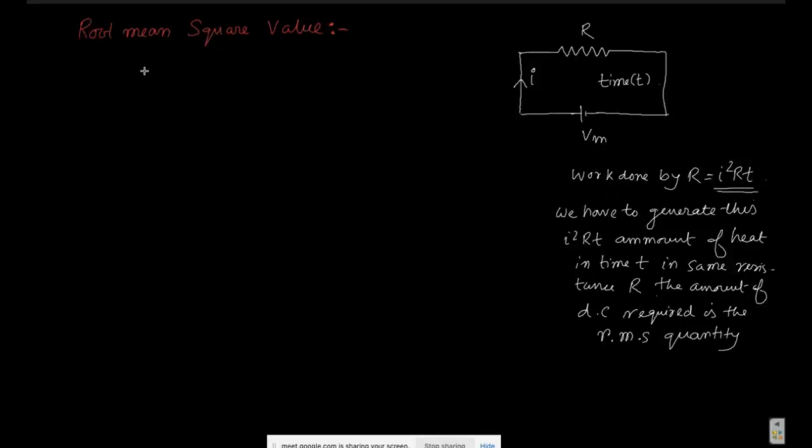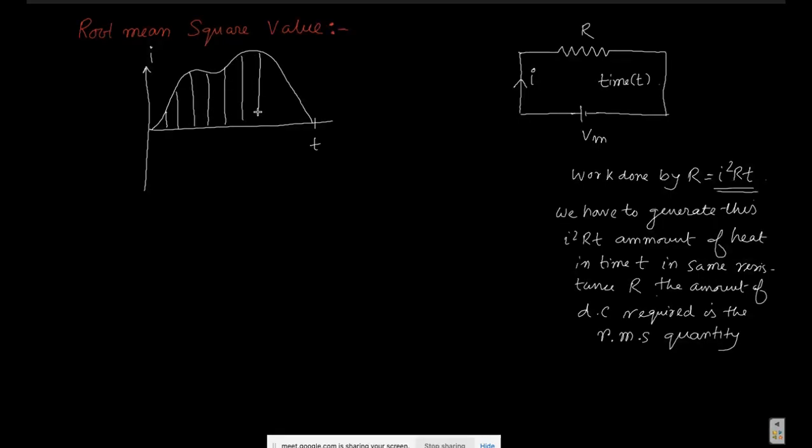So if you consider a graph, and the graph is like this, if this is T and this is I, now you can divide that total area, that total curve, into so many small parts like this, m number of small parts.